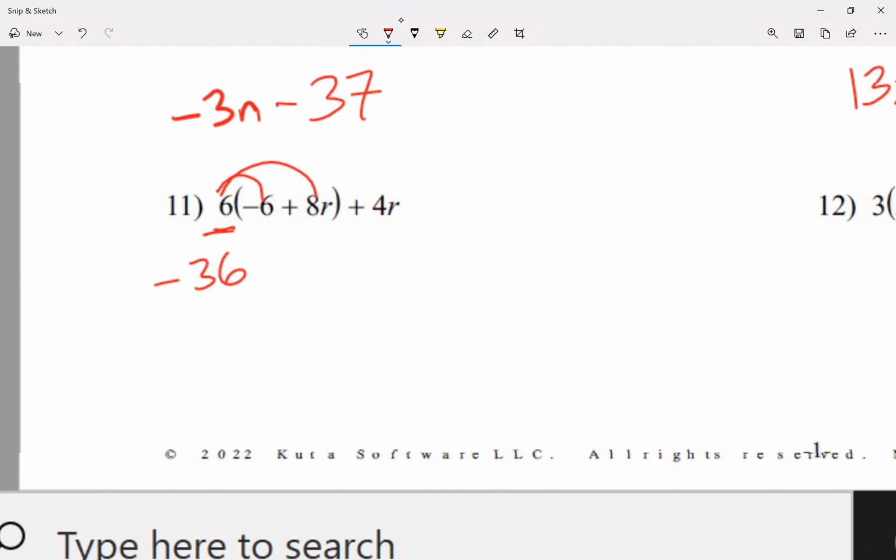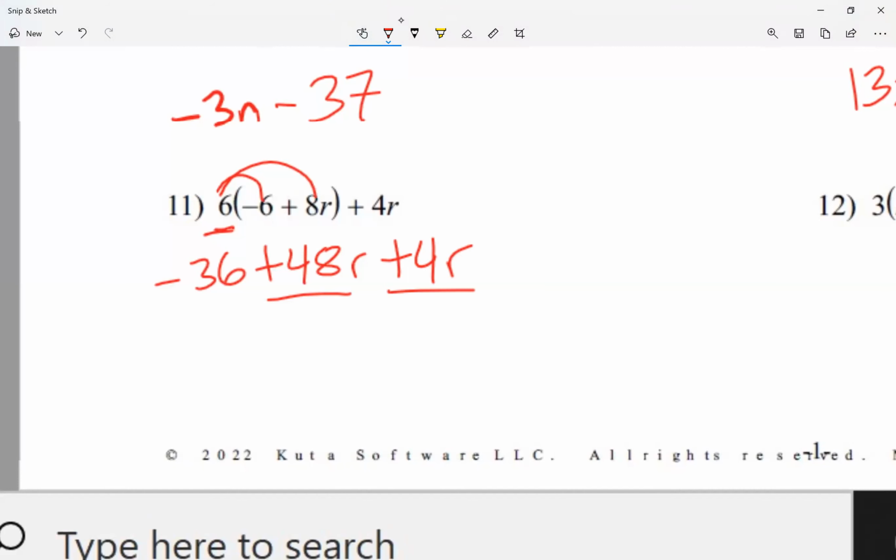And then 6 times 8r is going to be positive 48r, right? 6 times 8 is 48. And I copy the r. At the end, I do have a plus 4r. So my first step was get rid of parentheses. Now let me combine those terms that have a letter. So I see 48r and positive 4r.